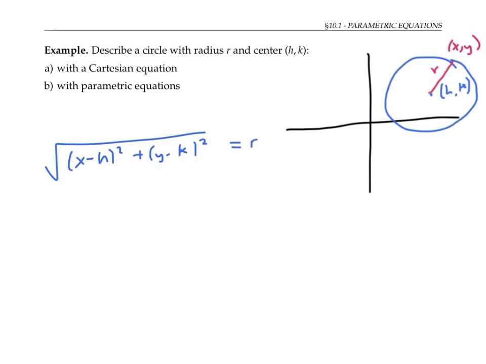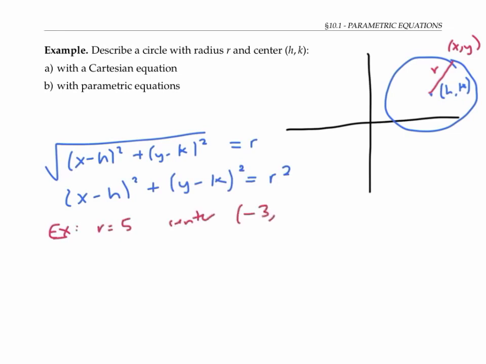Squaring both sides, this gives us the equation for the circle in Cartesian coordinates. So, for example, if our circle has radius 5 and has center at the point (−3, 17), then its equation would be (x − (−3))², that's (x + 3)², plus (y − 17)² is equal to 25.